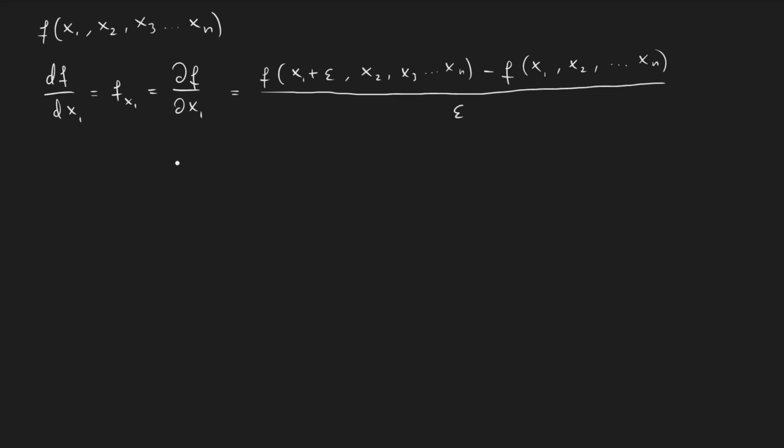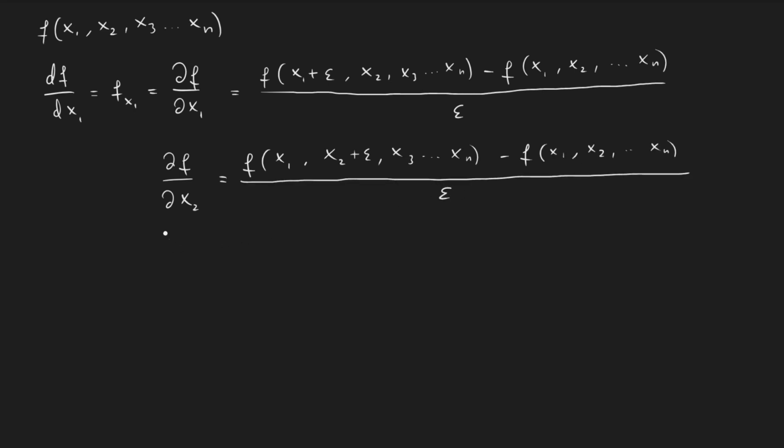And similarly, if we wanted to calculate the partial derivative with respect to x2, then we would do the same, but we would increase our x2 variable by epsilon. And so we would have these partial derivatives for all of the input independent variables, and for the last as well.